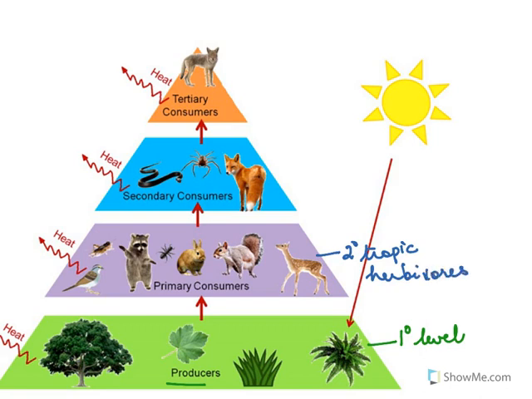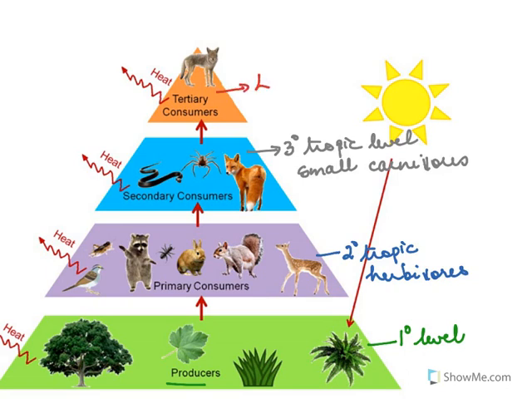Then at the third trophic level, we have small carnivores. And at the last level, or the fourth trophic level, we have the large carnivores. We also call them the tertiary consumers.